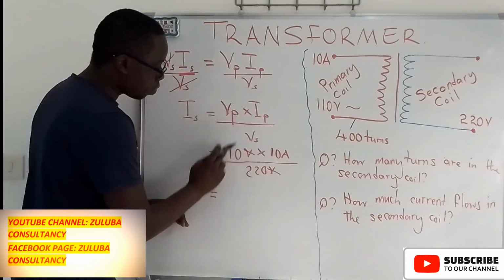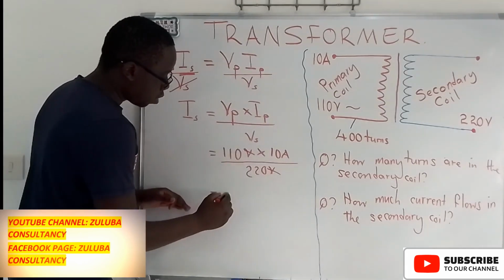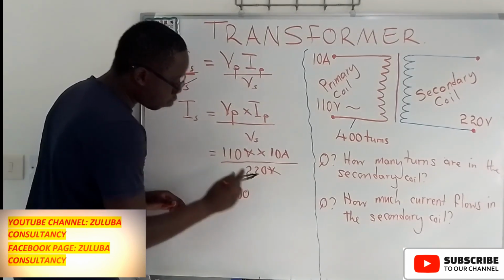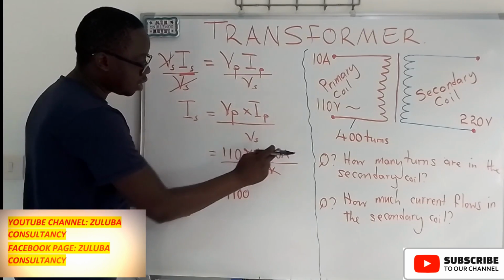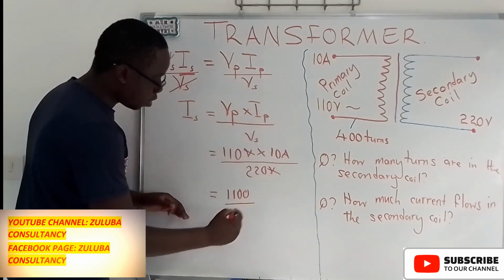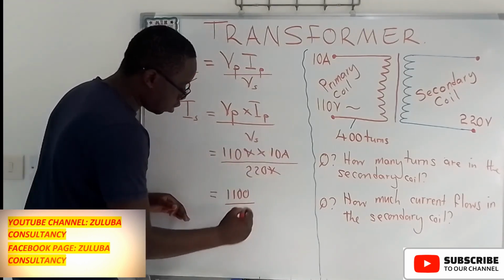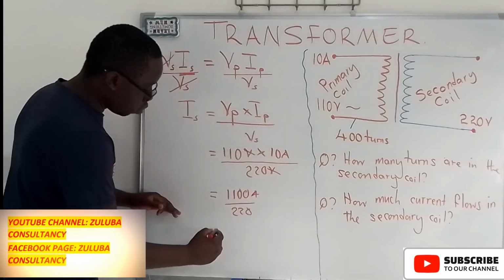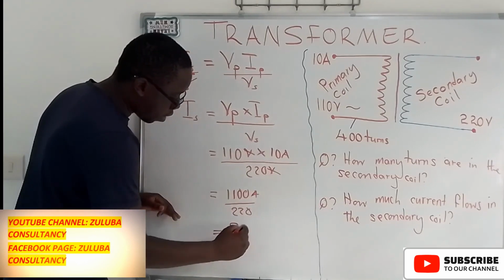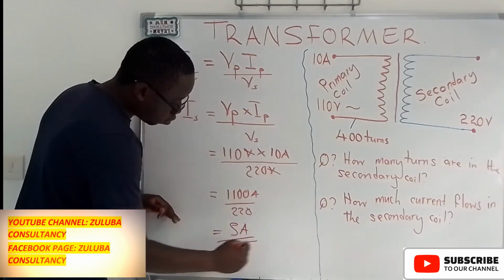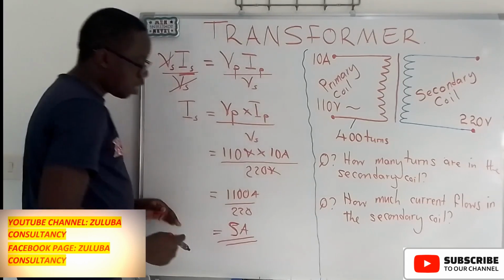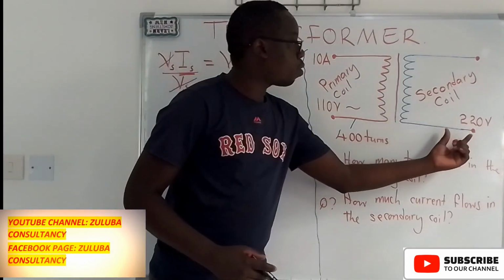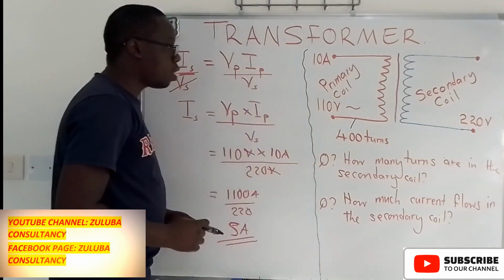So we are dividing 1,100, when you multiply 110 and 10, by 220. This is in amps. When you divide, you have 5 amps. So 5 amps becomes the current produced by the secondary coil.